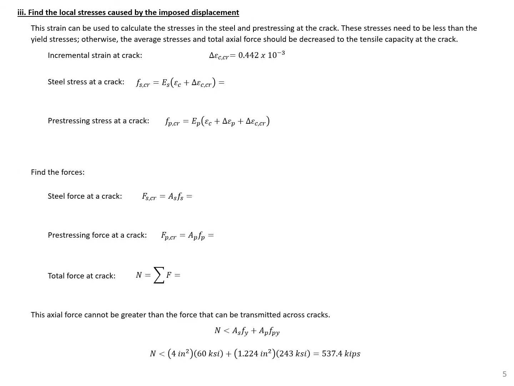We can now use that delta epsilon C crack to figure out the stress in the steel and the stress in the pre-stressing. We'll start with the stress in the steel. So the stress in the steel will be equal to our modulus of our steel, 29,000 KSI, times our average strain in the column, 0.52 times 10 to the negative third, plus this additional strain at the crack, 0.442 times 10 to the negative third.